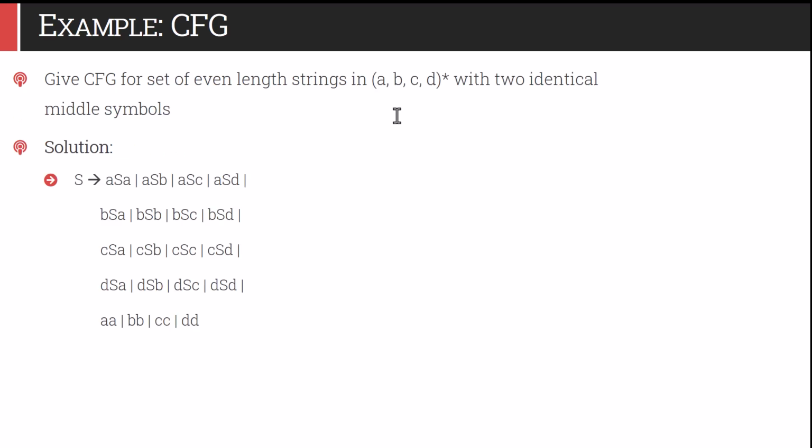Give context-free grammar for set of even length strings in A, B, C, D star with 2 identical middle symbols. So what it says, our input alphabet is now A, B, C, D. We have to generate all the strings of even length, and the middle 2 symbols should be same. So S is defined for this language as shown.